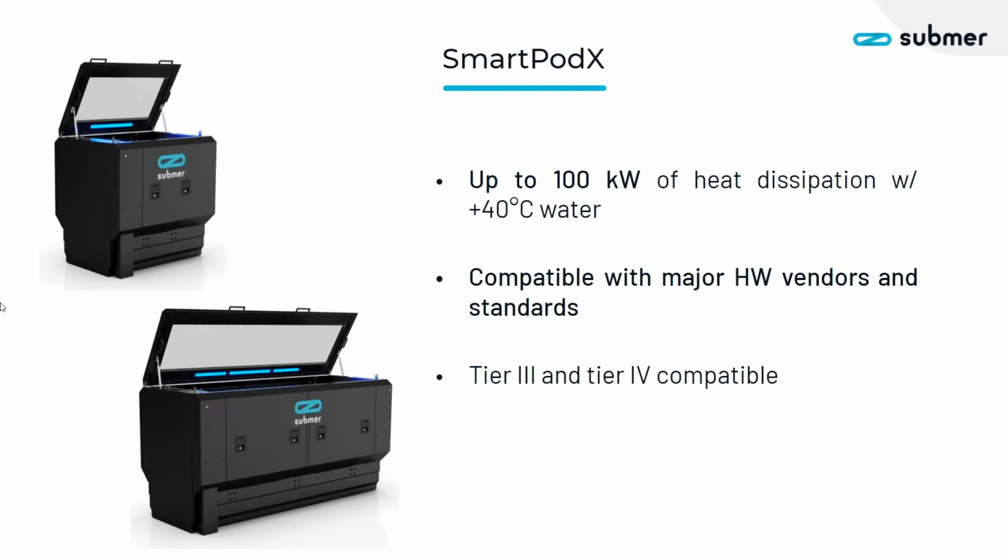The SmartPod is our first immersion cooling device, and its heat dissipation can range up to 100 kilowatts at 40 degrees Celsius of water in the secondary cooling circuit. The main working of the SmartPod is submerging the IT hardware in our Smart Coolant solution, which is a one-phase liquid.